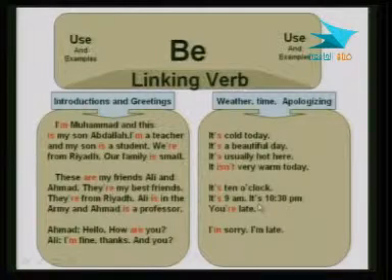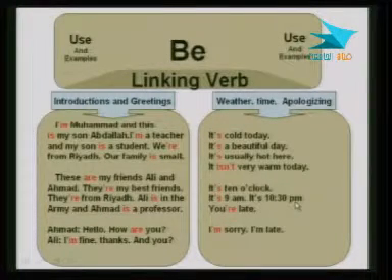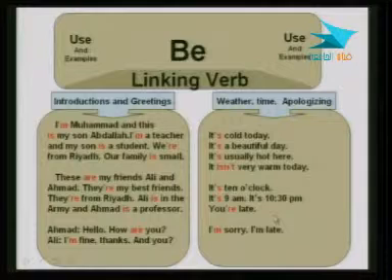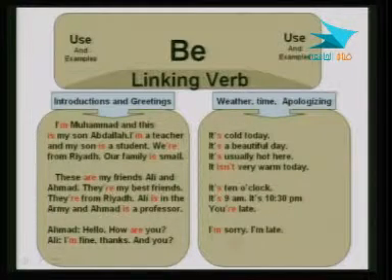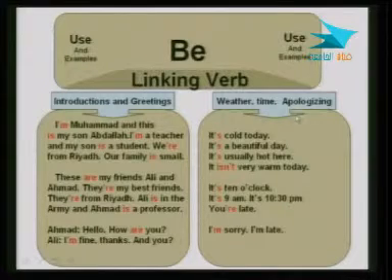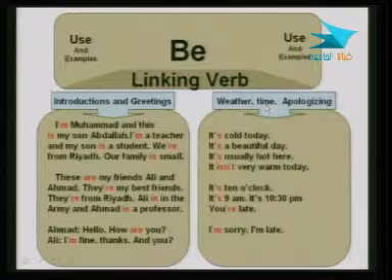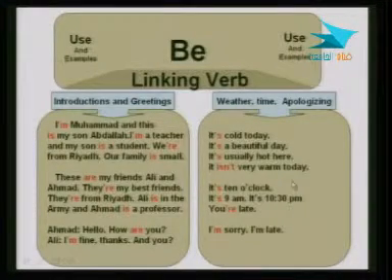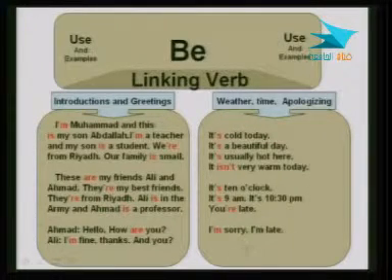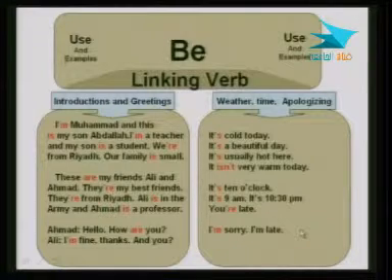It's 9 a.m. It's 10:30 p.m. You're late. And I'm sorry, I'm late. So all of these are examples for weather, time, and apologizing. These are for weather. These examples, of course, tell about time. And this example is for apologizing.